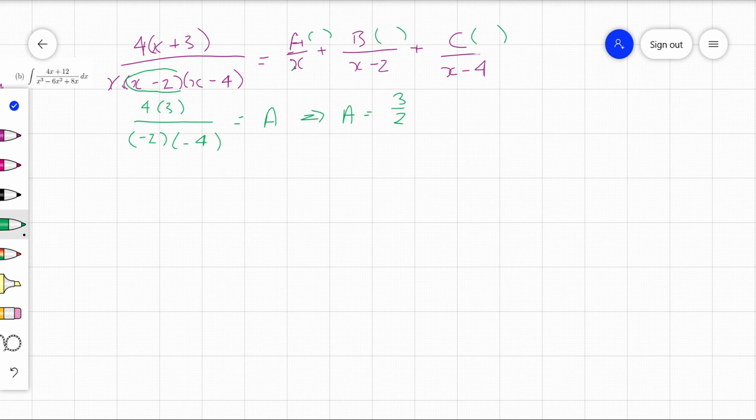If we sub in x equals 2, then this one will become 0, and this one's already cancelled, so we can get the answer to B. And remember, this one is not there. If x equals 2, we get 4 lots of 5, and we've got 2 and then minus 2 on the bottom. So what do we get for B? We've got 20 over minus 4, so we've got negative 5.